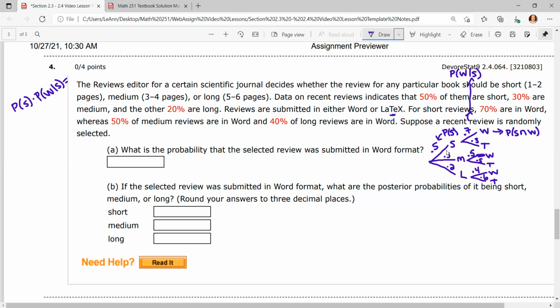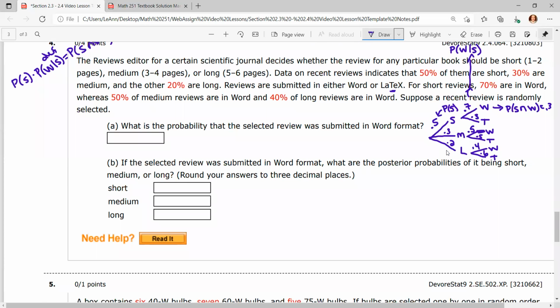This is the definition of how to do an intersection if we don't know if the two events are independent or not. So when you have dependent events or you just don't know, this is how you compute your probability of an intersection. It is the probability of the first event and then the probability of the second event given that the first event has already occurred. So that's a definition for us, okay? So if we multiply those together, this would be 0.35.